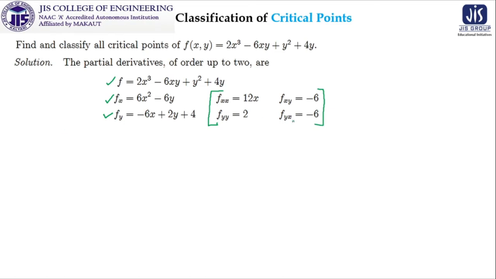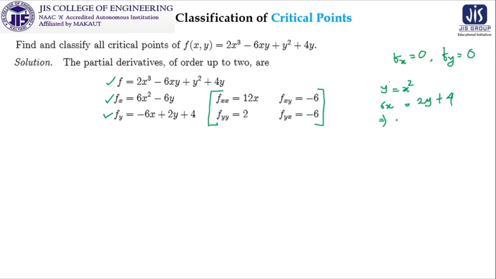From this we can conclude that making them equal to 0, fx equal to 0 and fy equal to 0, we get y is equal to x square, and putting this in the next equation fy, what we get, 6x is equal to 2y plus 4.